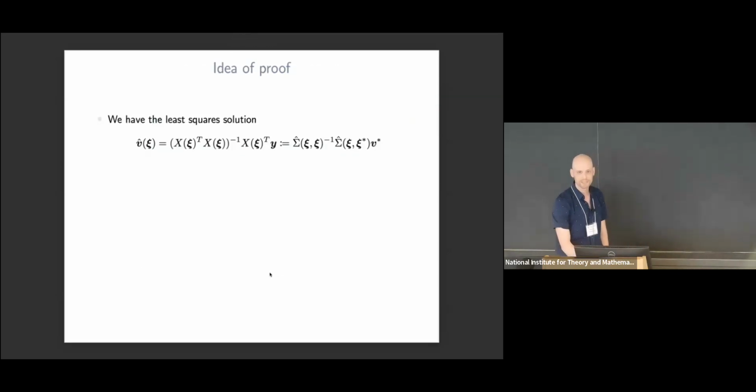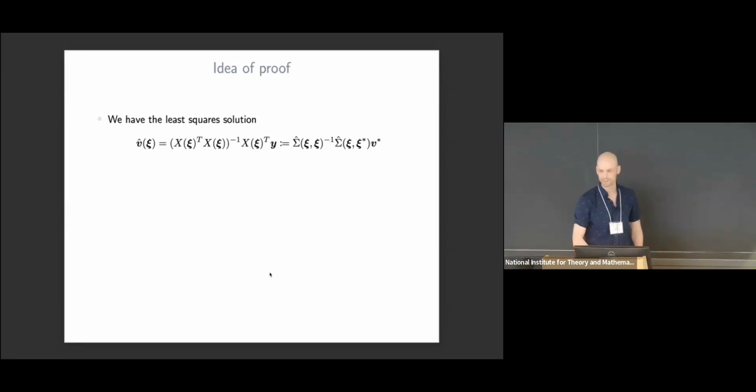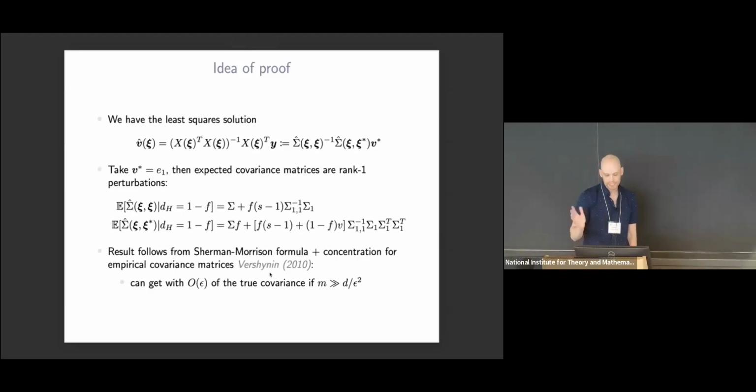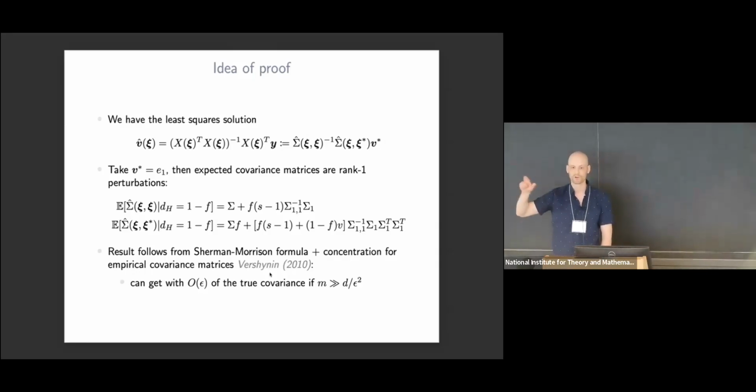And so, just to get a little more sense of the proof of this kind of thing, I would just take my least squares estimator, which involves these covariance matrices of the instances which are selected by this assignment, and then a cross covariance matrix between the assignment and the true assignment. And basically, in the easy case, without loss of generality, you can take v, the concept point, to be the identity vector, and then you get that the averages of these covariance matrices are rank 1 perturbations of the true covariance matrix of the instances that we've sampled them from.